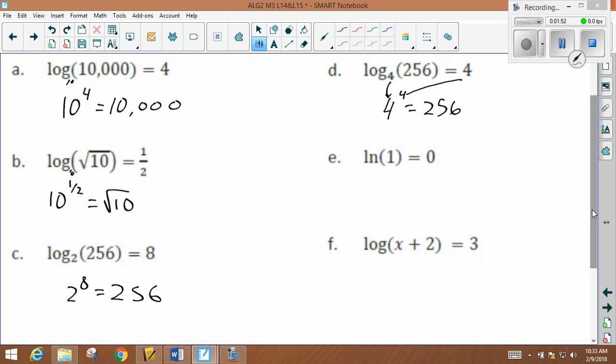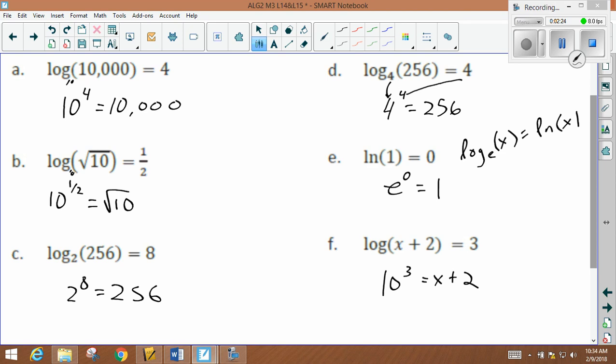Natural log of 1, that says that e to the, right? Because remember, ln is log base e of whatever, which is the same thing as natural log or ln of x. So that means that this is base e, so e to the 0 power equals 1. That's what that says. And this one says that 10 to the 3rd power equals x plus 2.